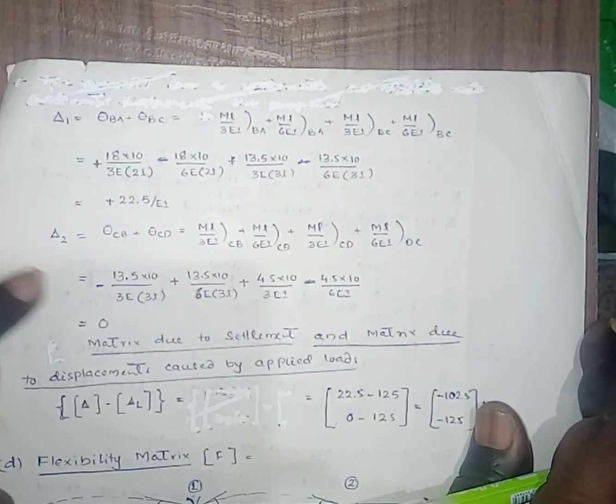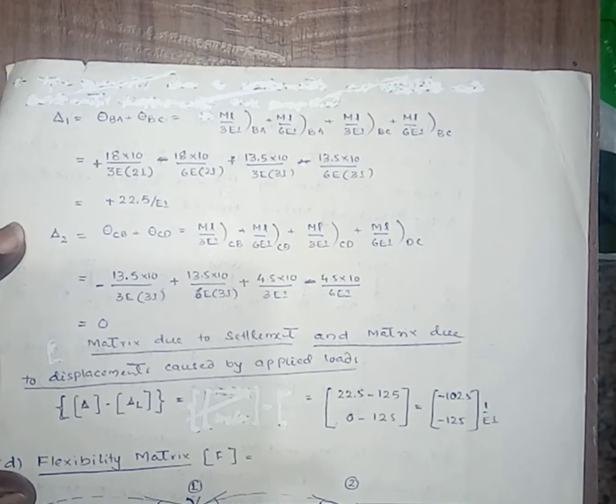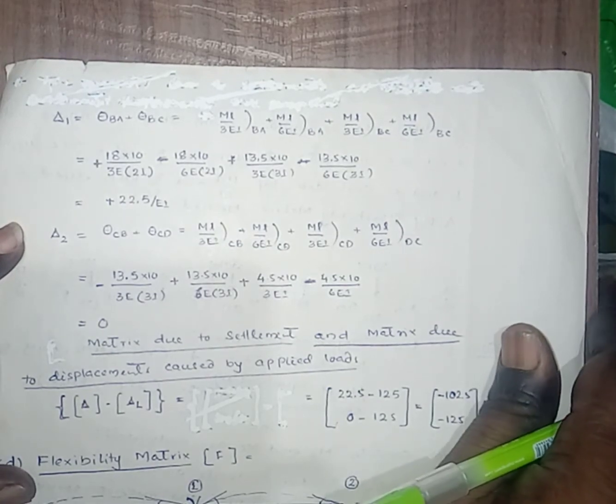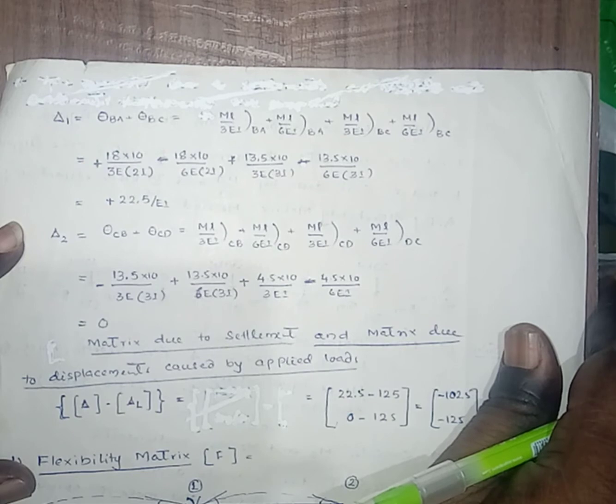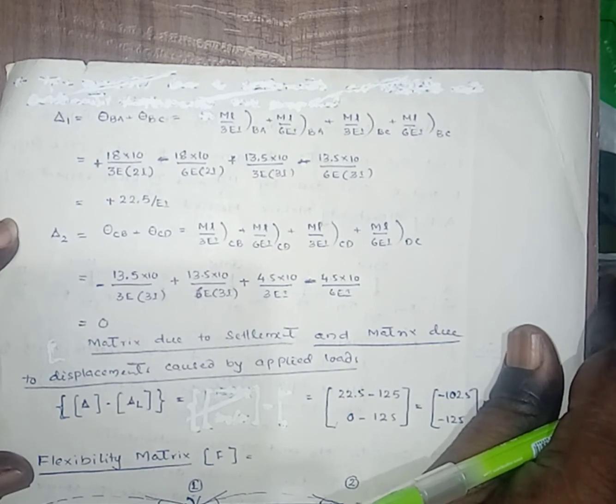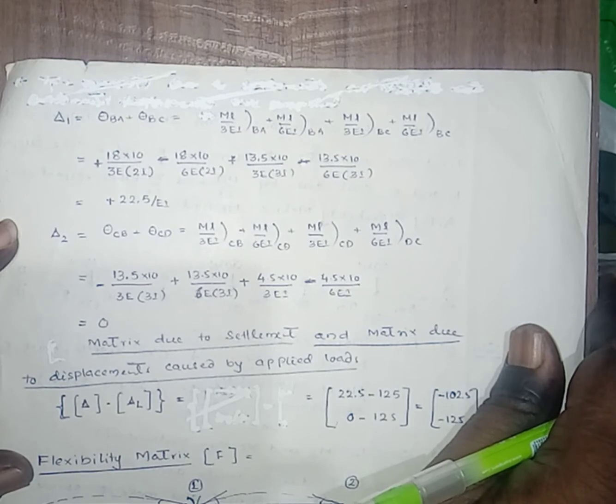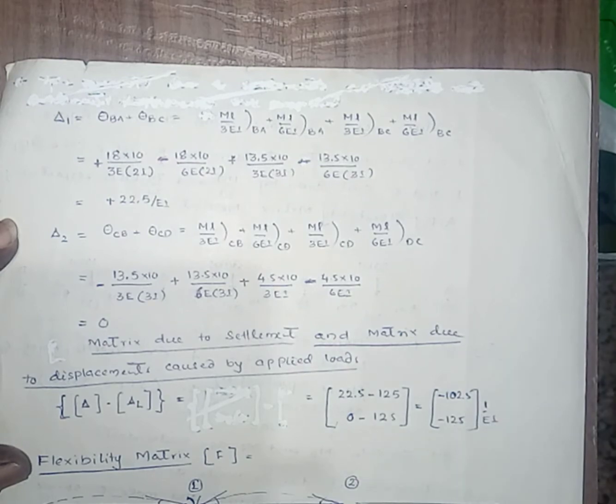Delta 1 equals, in span BA and in span BC, ML by 3EI for span BA, ML by 6EI for span BA, plus ML by 3EI in span BC, ML by 6EI for span BC.